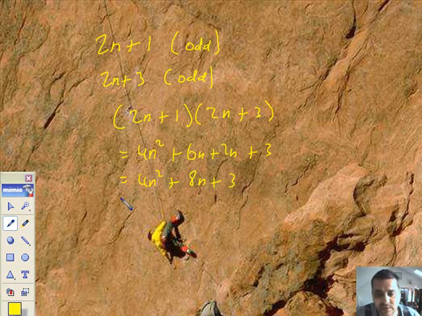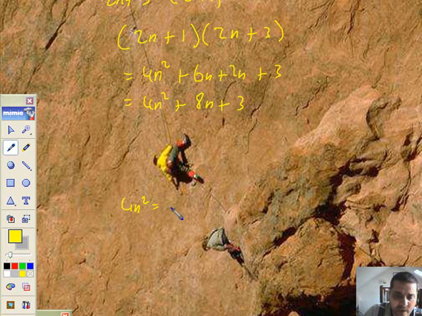So let's just take a look. 4n squared is going to be even. 8n is going to be even, because if n for example is odd and I multiply by an even number, it becomes even anyway. And then I've got at the end of it plus 3, equals odd.